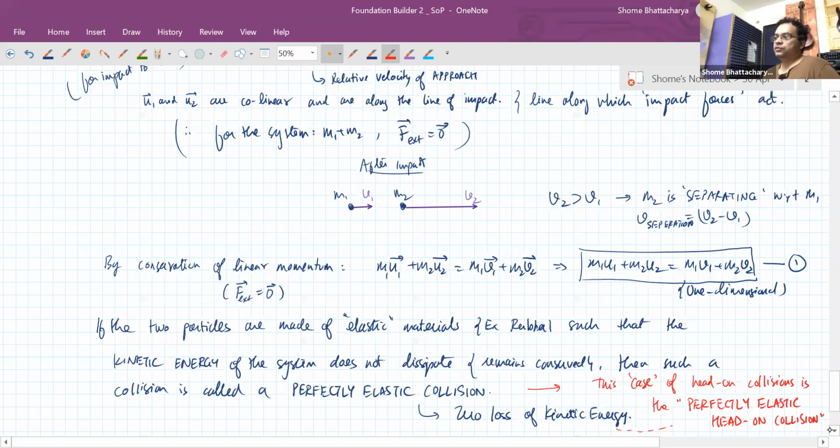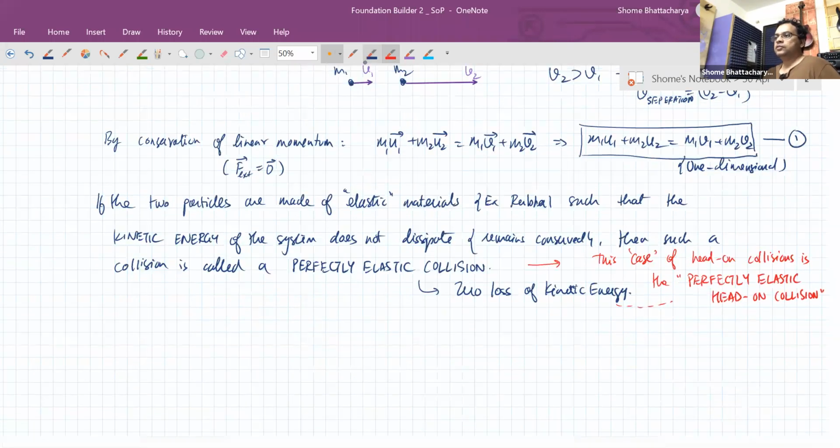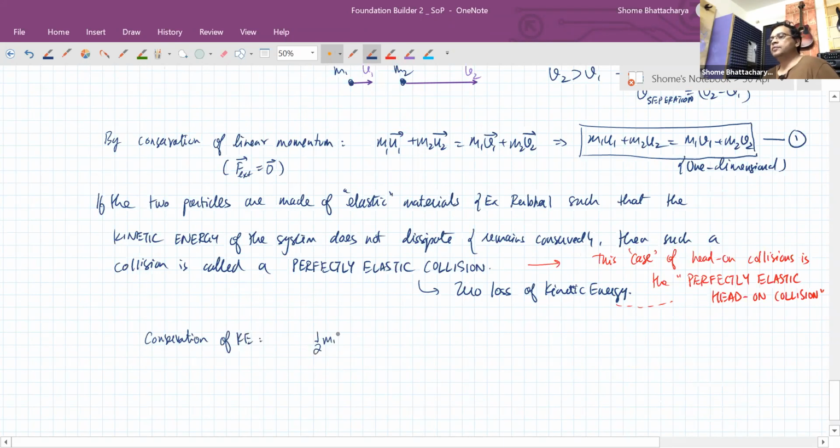Along with conservation of linear momentum, for the case of perfectly elastic collision, we have the conservation of kinetic energy, which results in the equation: half m1 u1 square plus half m2 u2 square, the initial kinetic energy of the system, becomes half m1 v1 square plus half m2 v2 square after the impact.